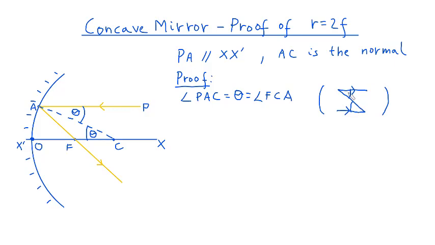Okay, so that's a rule of geometry, and that's all we are using here. We are saying that this angle is equal to this angle because this line here is parallel to this line here.